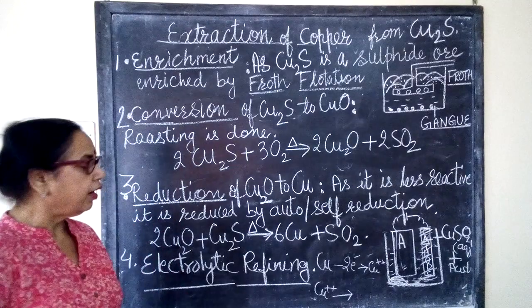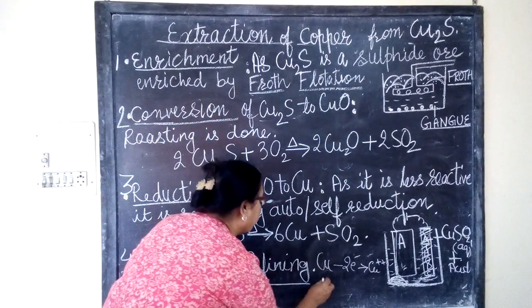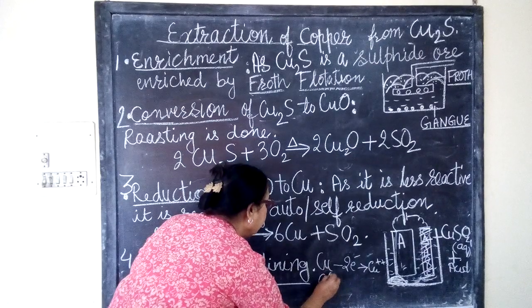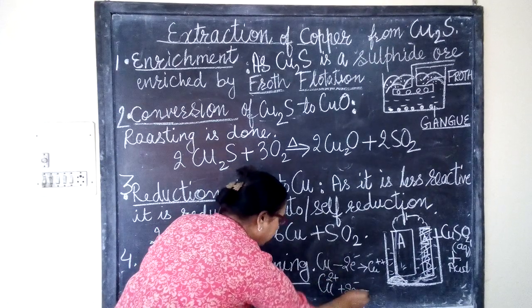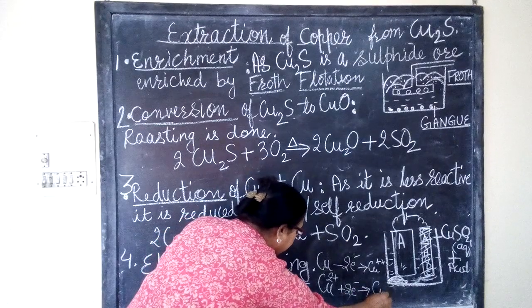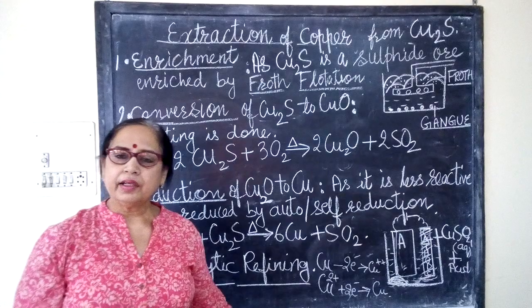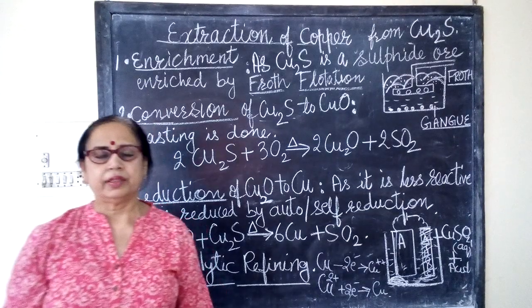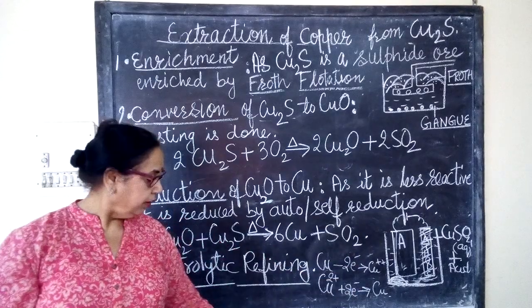When these ions reach the cathode, they gain electrons. So Cu2+ gains 2 electrons and becomes solid copper. So at the cathode the reduction of copper cations takes place and copper gets deposited on the cathode.